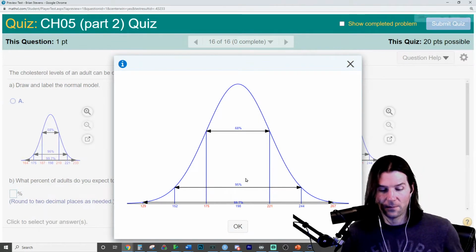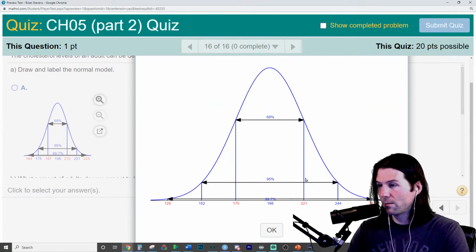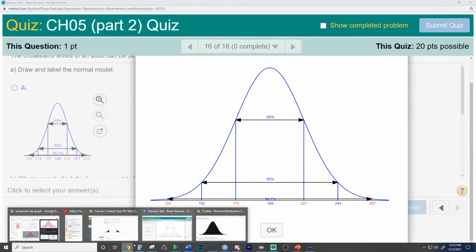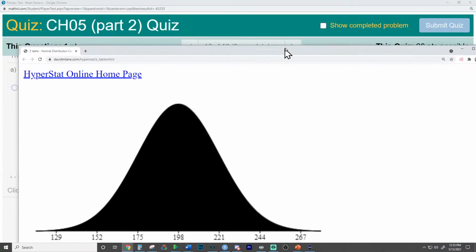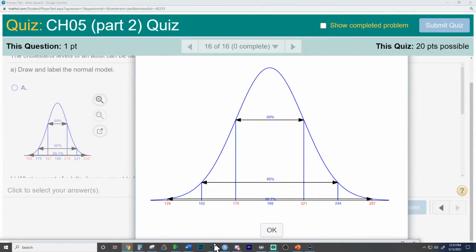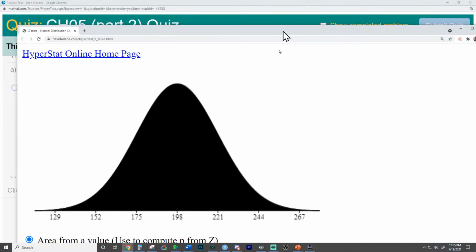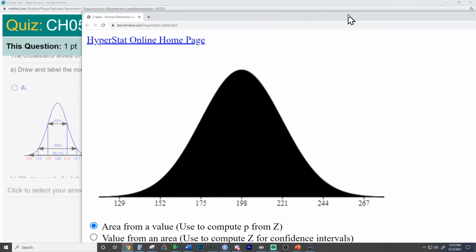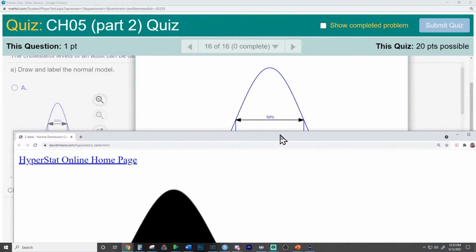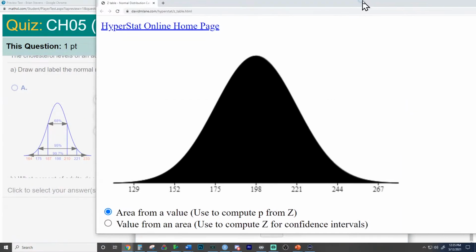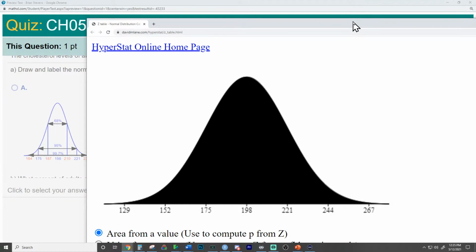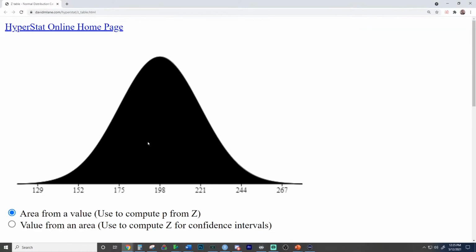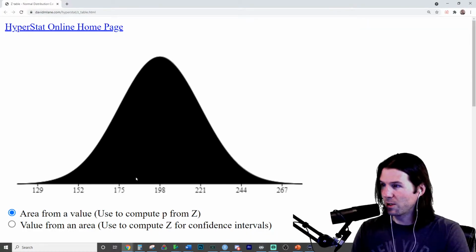Look at this graphic. What do you notice about these graphics? What's going on with these graphics right here? They're exactly the same.